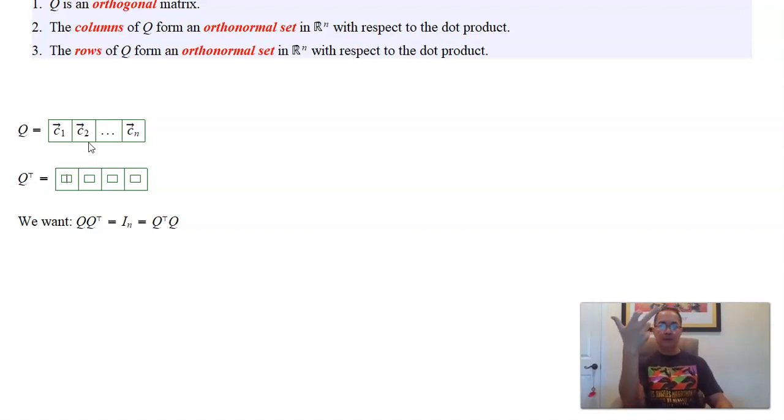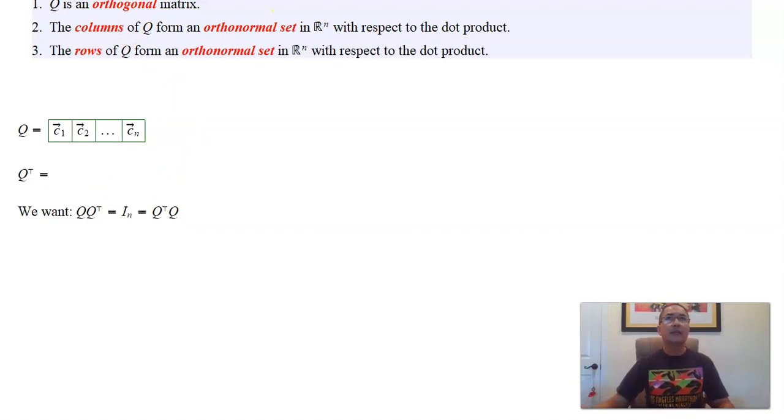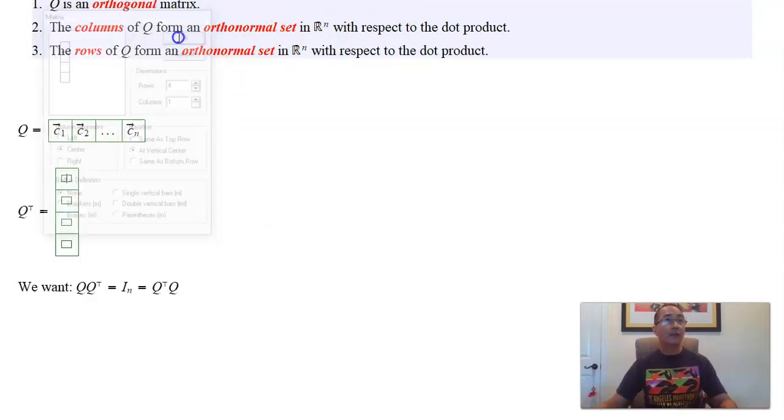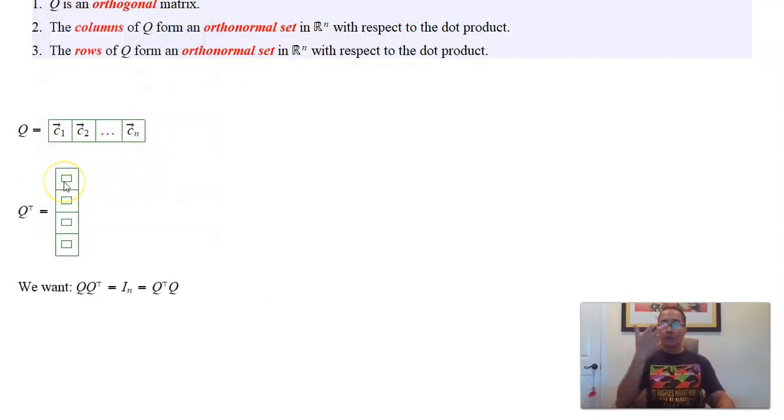When we transpose it, it becomes a row. So my apologies, I have it backwards. It should be an n by 1 matrix over there. So in row 1, we are going to get column 1 transpose. Let's see if I can borrow the transpose symbol here.